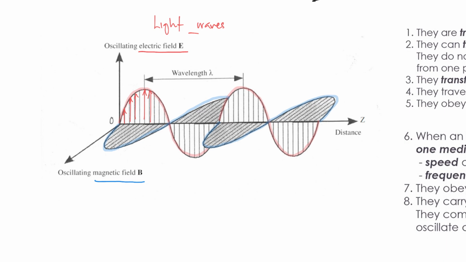So what we can say is that light is a superposition of electromagnetic waves.